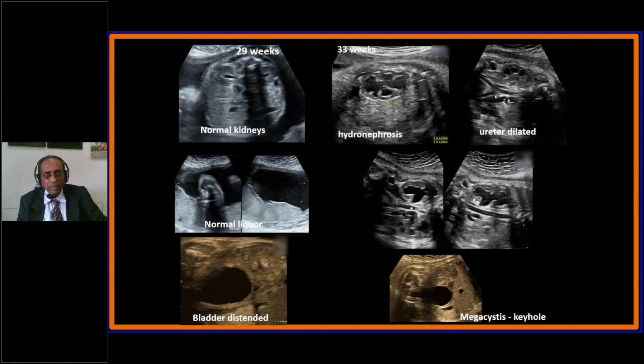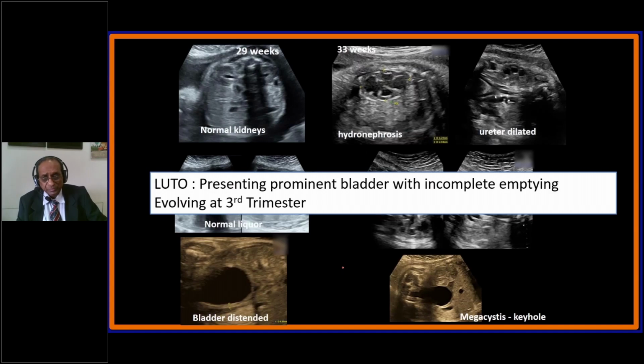So what happened is between 20 weeks and 33 weeks, the kidneys remained normal for quite some time, and suddenly there was a blowout in the kidneys. This shows the pressure distribution in the system. The bladder has taken the pressure initially and then transmitted it to the kidneys later on. So with a prominent bladder with incomplete emptying in the second trimester, you should think of obstruction, which can progress later on.